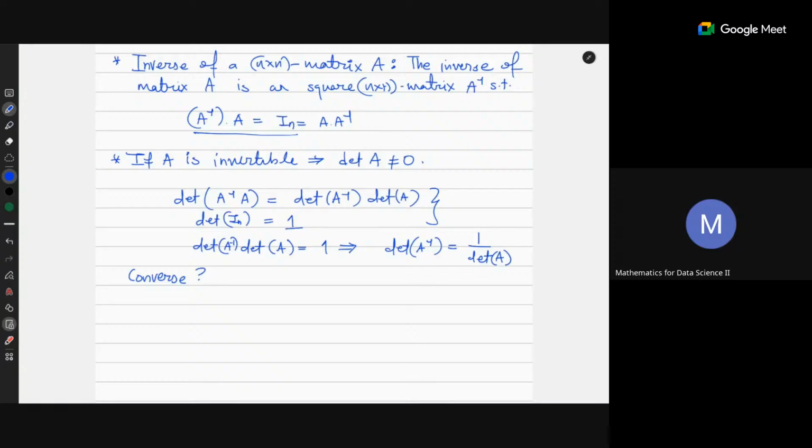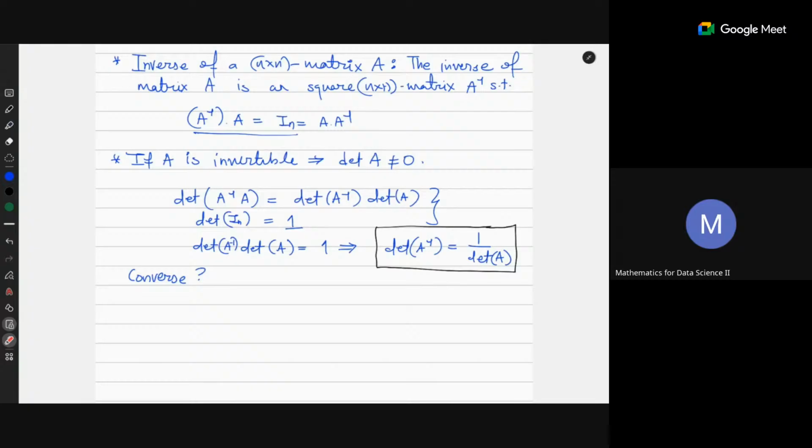All right. So you can write down the determinant of the matrix also with respect to the identity, and this quantity itself tells you that determinant of A is not zero. Why? Because if you multiply zero with anything, it will give you zero.